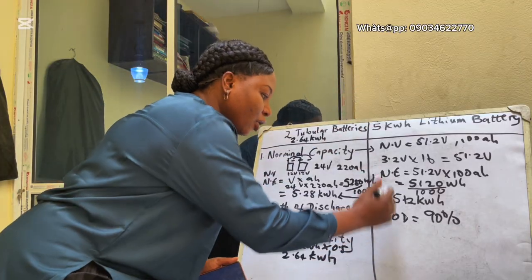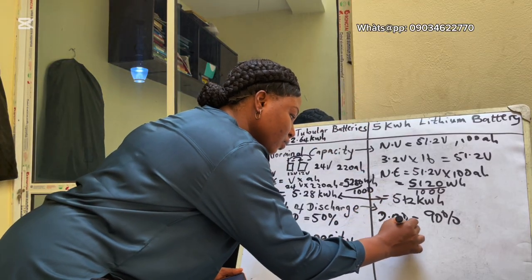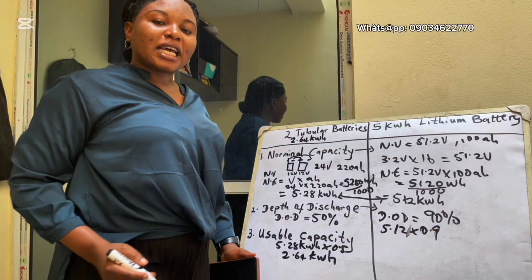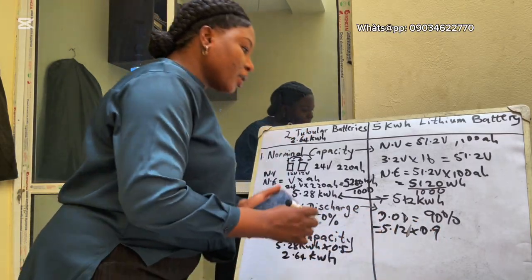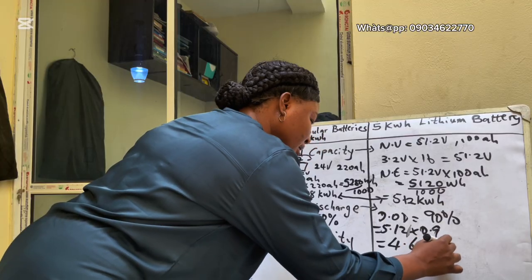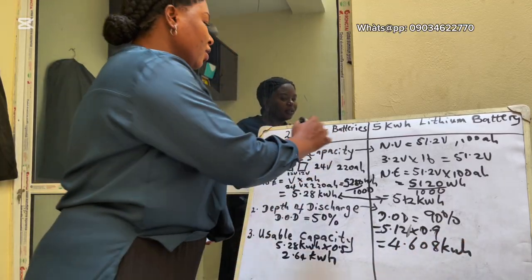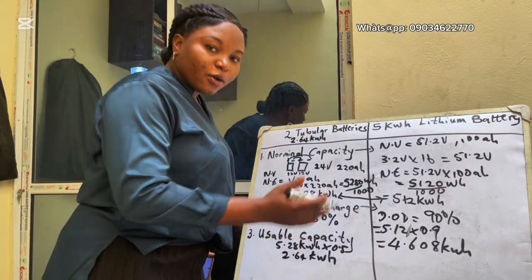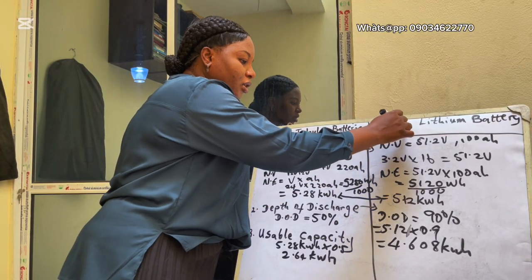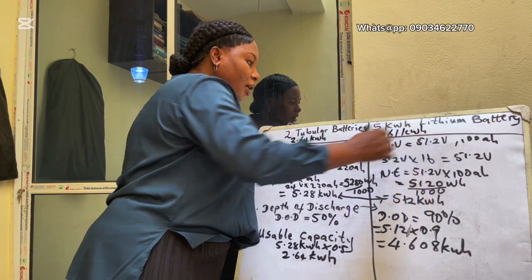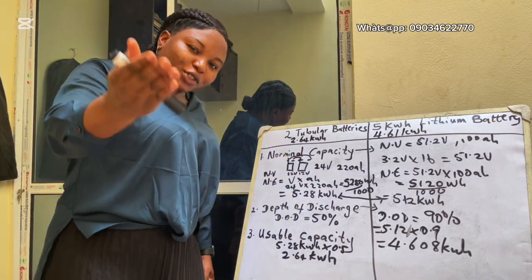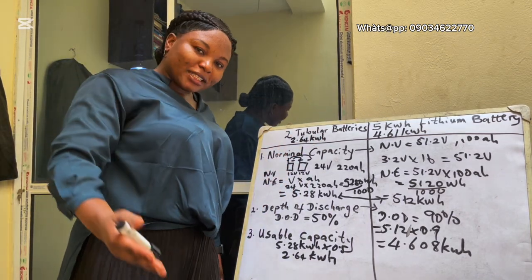We say the nominal capacity 5.12 multiplied by 0.9, which is the 90% depth of discharge. Then we have 4.608 kilowatt hour. So here the usable capacity of the 5 kilowatt lithium hour battery is approximately 4.61 kilowatt hour. Now, from the usable capacity of both, which do you think is bigger or better?